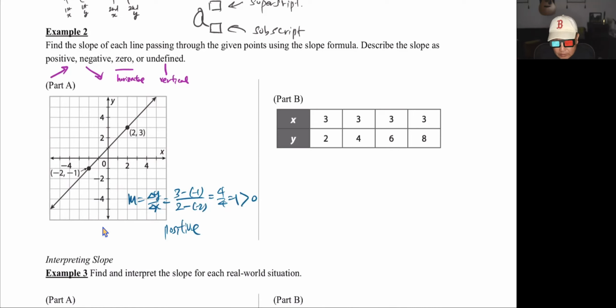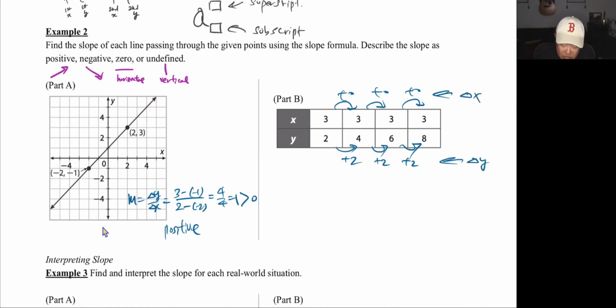In terms of the change in x, it's all 2, isn't it? Remember we did this before? That's a 0. So we need to look at the matching ones over here. On the bottom, these are change in y. These are change in x. So change in y and change in x.